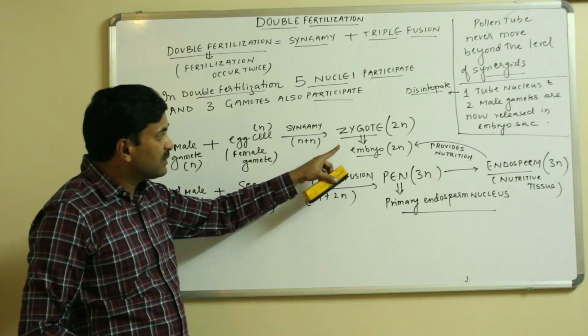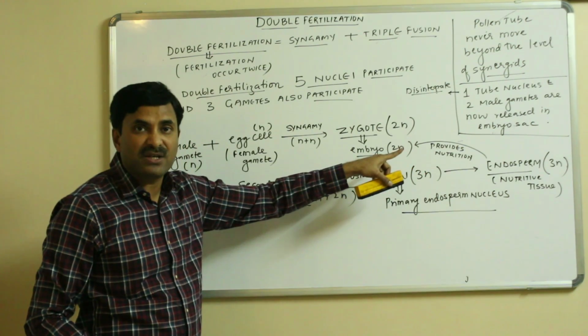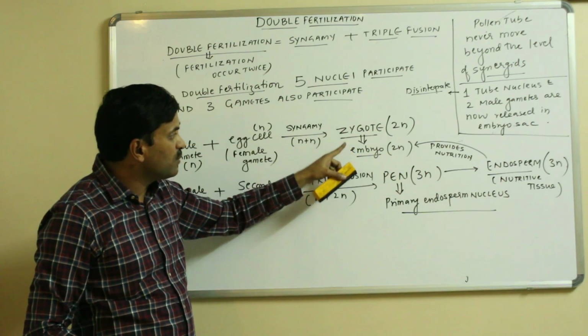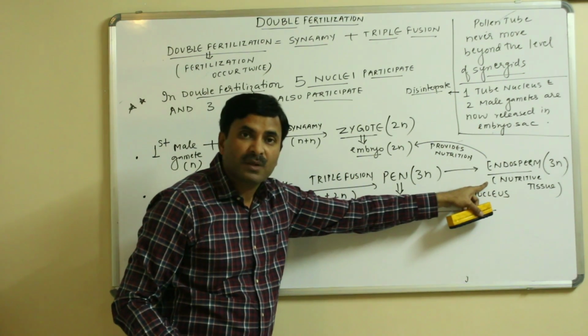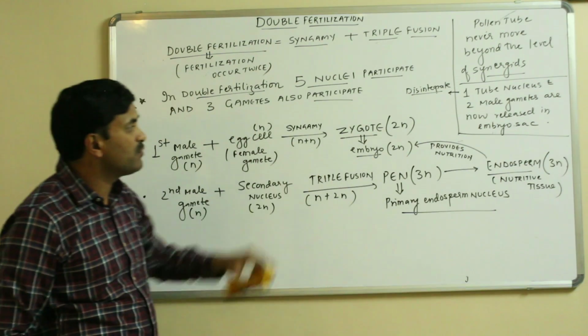So these are the post-fertilization changes. Okay, the zygote will be converted into the embryo and PEN will be converted into endosperm, and endosperm will provide nutrition to the embryo.